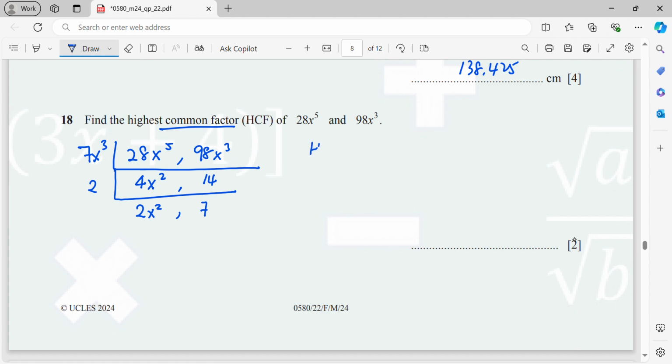Therefore, my highest common factor is the multiplication of these values. So 7x cubed times 2 is 14x cubed, because 7x cubed and 2 are the common factors for 28x degree 5 and 98x cubed. So my answer is 14x cubed here.